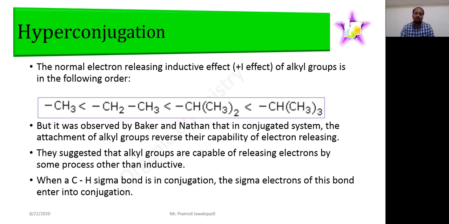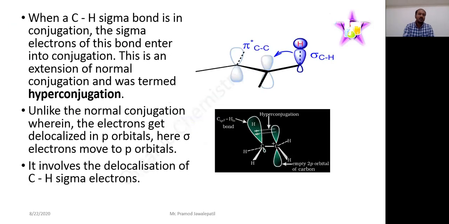But in hyperconjugation this concept is not allowed; it is completely different. In hyperconjugation, the carbon-hydrogen sigma bond is in conjugation. The sigma electrons of this bond are entering into the conjugation.